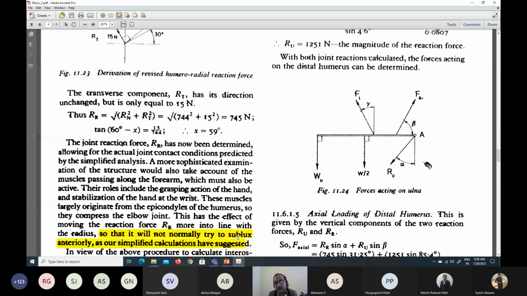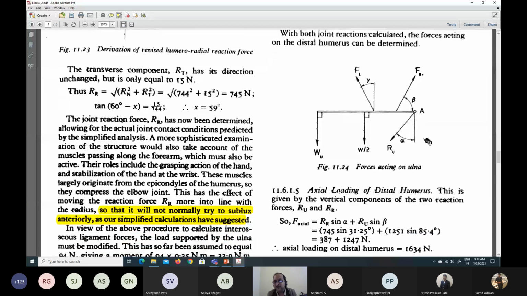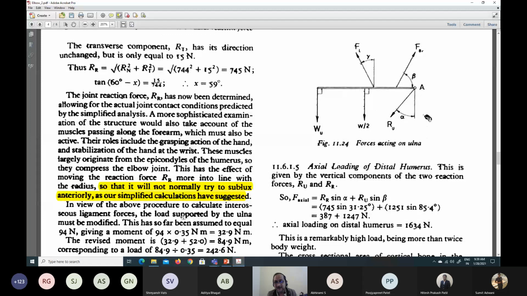Okay, so the humeroradial joint reaction force would be more in line with the radius, so that it will not normally try to sublux anteriorly, so it doesn't come out anteriorly. That is what it is suggesting.